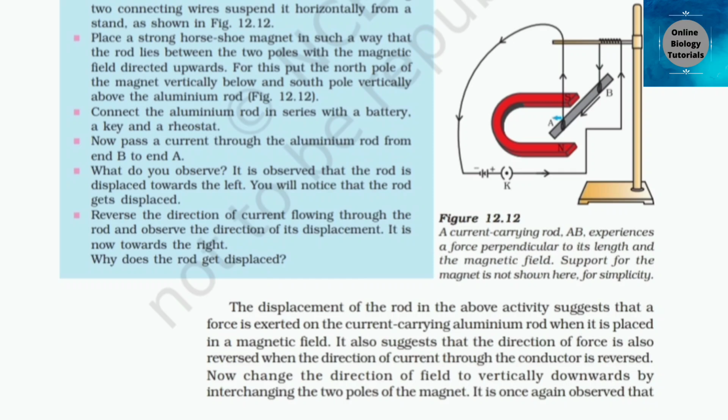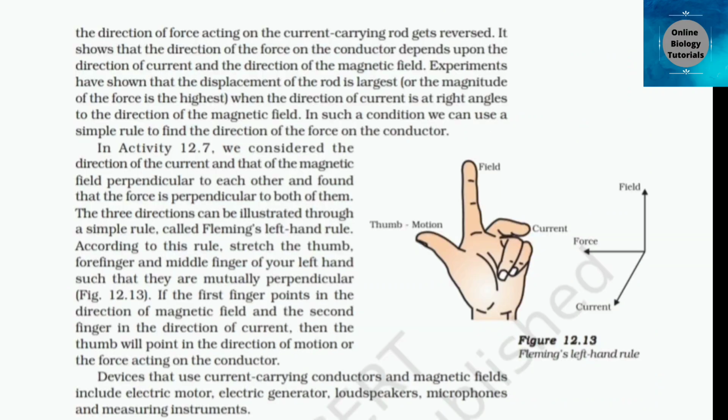It is once again observed that the direction of force acting on the current-carrying rod gets reversed. It shows that the direction of the force on the conductor depends upon the direction of current and the direction of the magnetic field. Experiments have shown that the displacement of the rod is largest, or the magnitude of the force is the highest, when the direction of current is at right angles to the direction of the magnetic field.